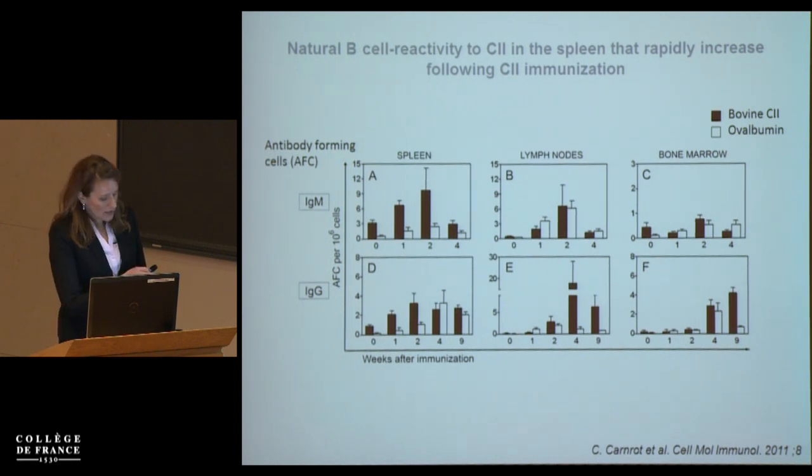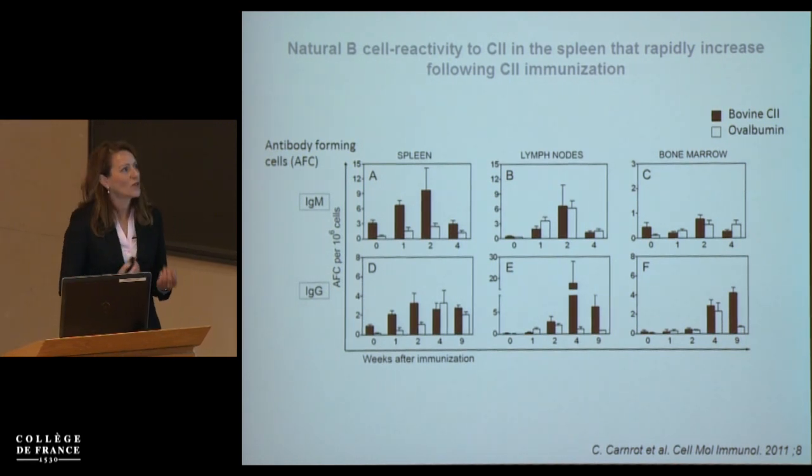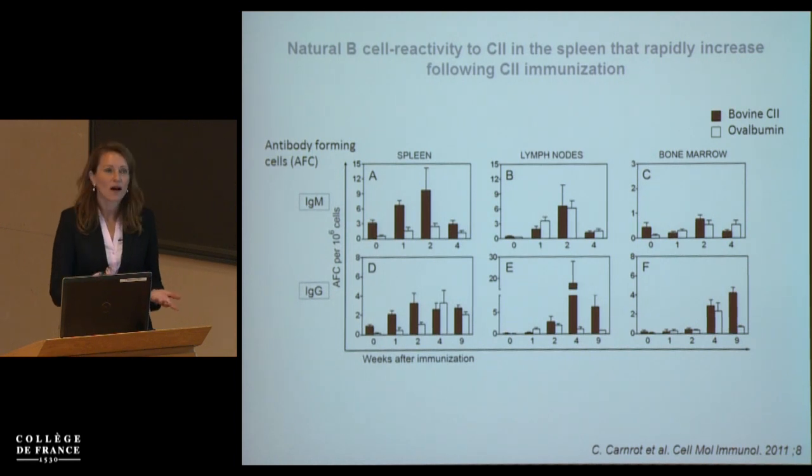You can see here these black bars. These are against bovine collagen. The collagen that we use is of bovine origin, from cow. But since the collagen molecule is very homologous among species, this will also trigger an immune response to mouse collagen.